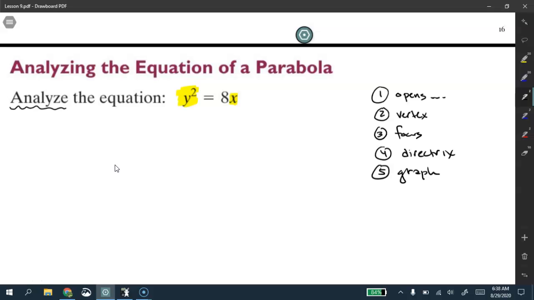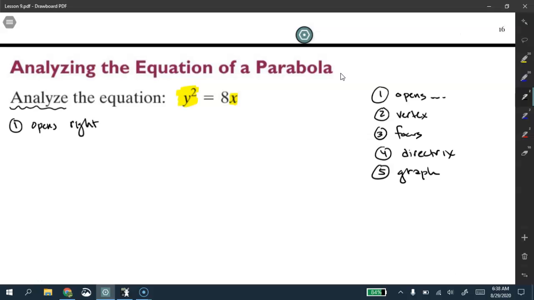But then the question is, which way does it open, even if we're talking about sideways? Does it open right or does it open left? And for that, you'll notice that there's a positive 8 right over here. Because there's a positive 8, it opens towards the right. So in our analysis, the first thing that we'll write down is this parabola opens right, or it's facing towards the right.